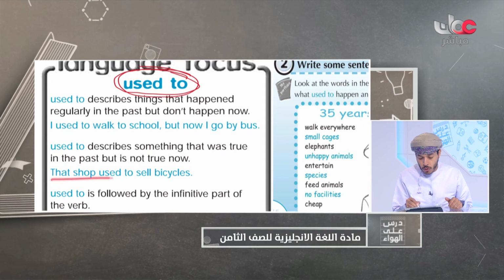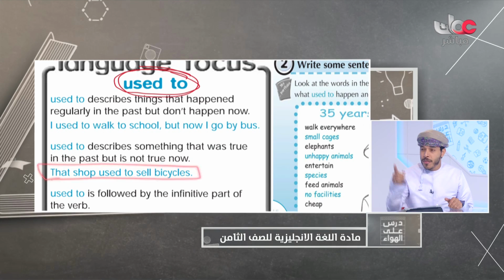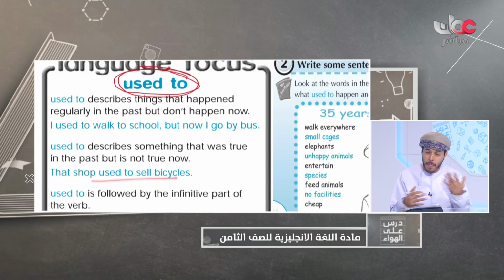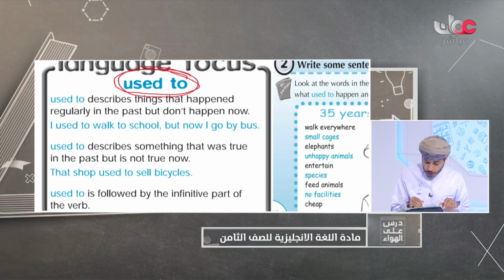Used to describes something that was true in the past, but it is not true now. Okay? The shop used to sell bicycles. That shop used to sell bicycles, but now it doesn't sell bicycles. I don't know what happened to him. Maybe they changed the product. So used to is followed by the infinitive, which is to. It must be followed by the infinitive. I used to play, I used to go, I used to visit, I used to learn.